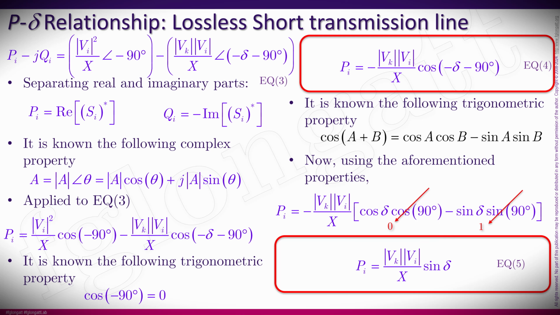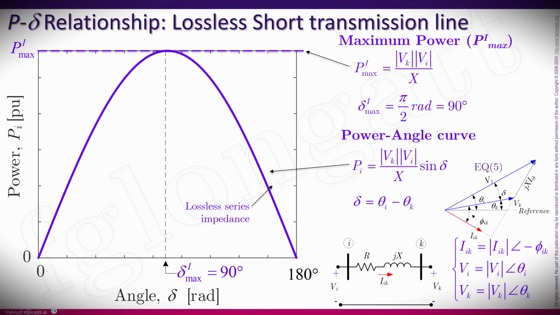In order to show you how important this equation is, we want to plot this equation number 5, and that is what we call the P-delta or power angle representation.